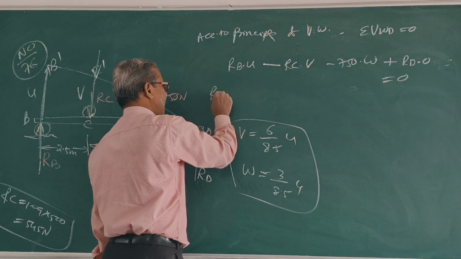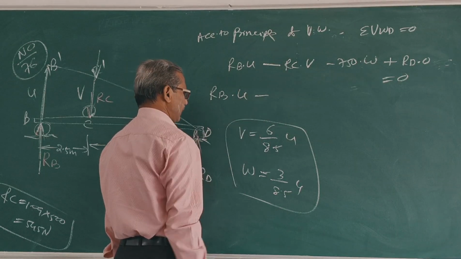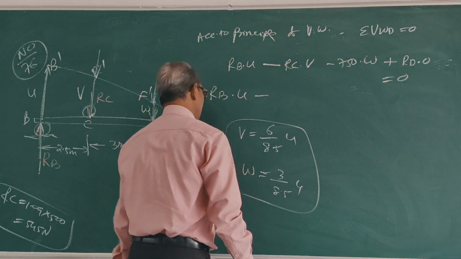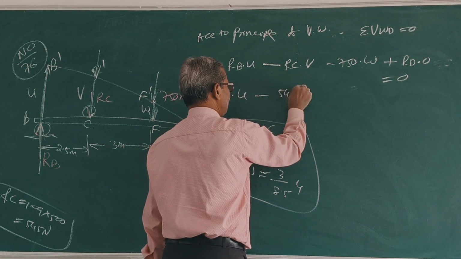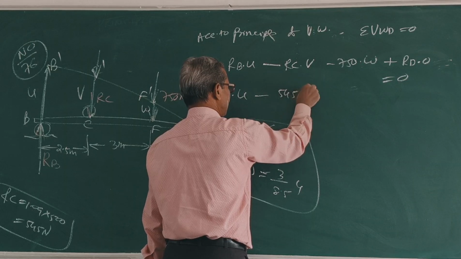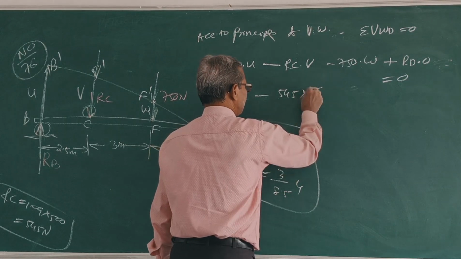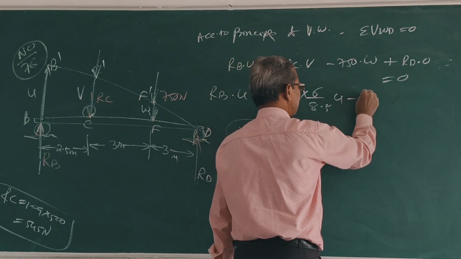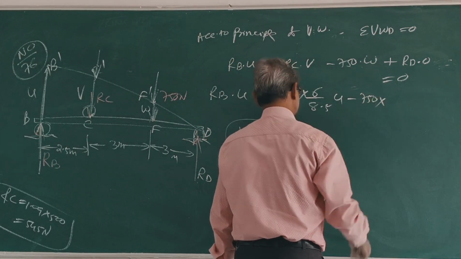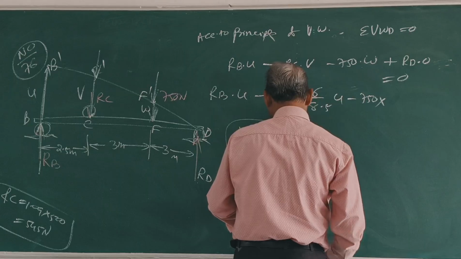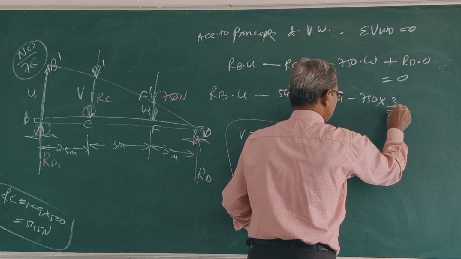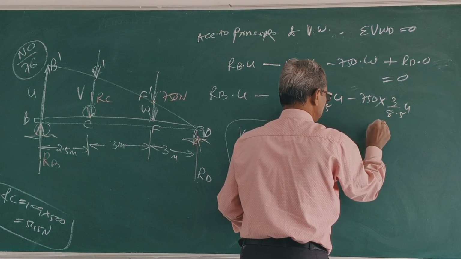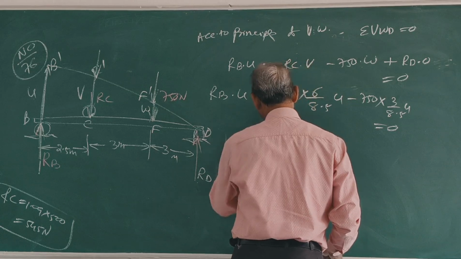Now RB into U minus RC, which is 545, into V, which is 6 by 8.5 U, minus 750 into W, which is 3 by 8.5 U, is equal to 0. Clear?